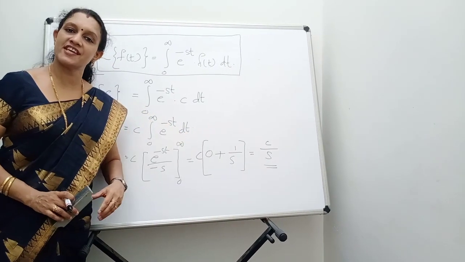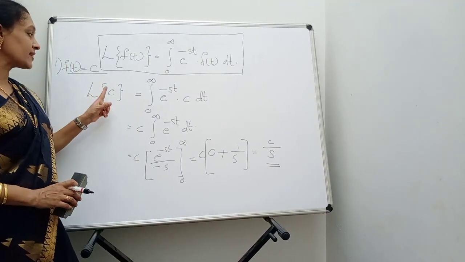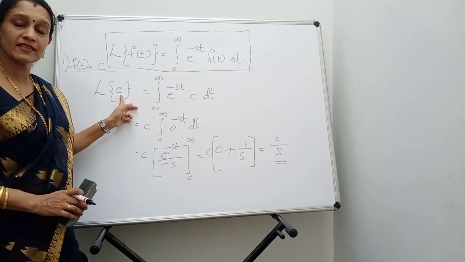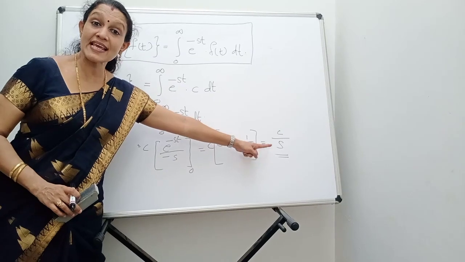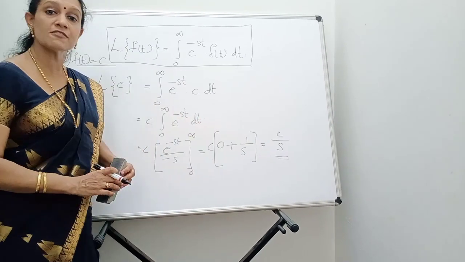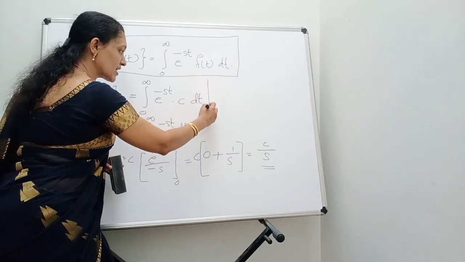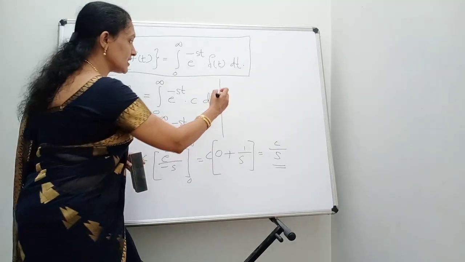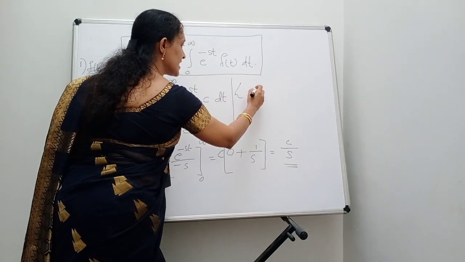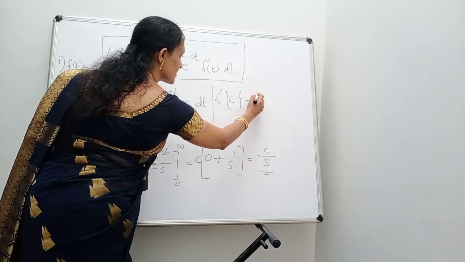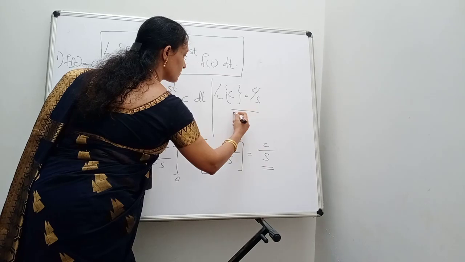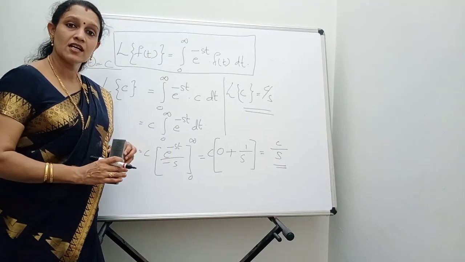So what we proved here: if you consider the constant function c, its Laplace transform is c by s. This is the first result. The Laplace transform of the constant, L of c, is equal to c by s.